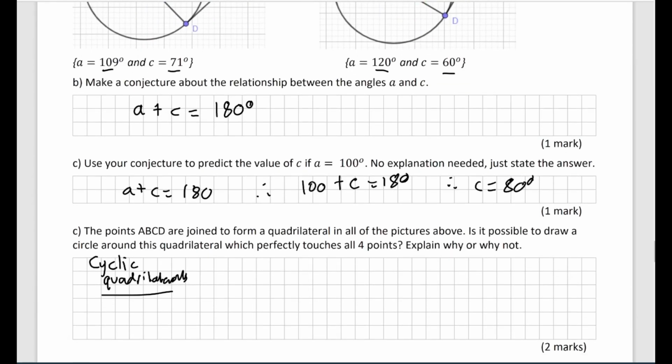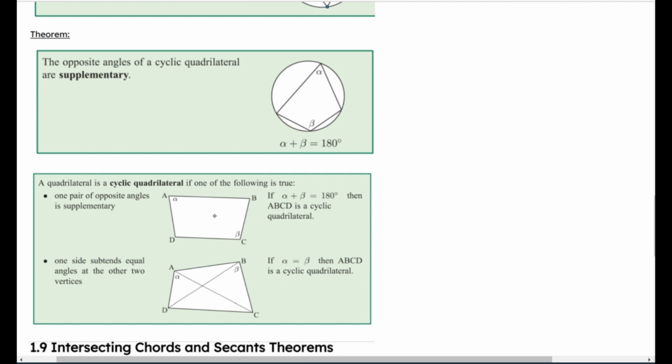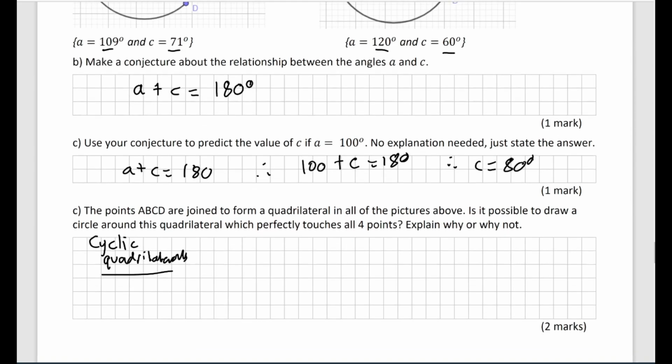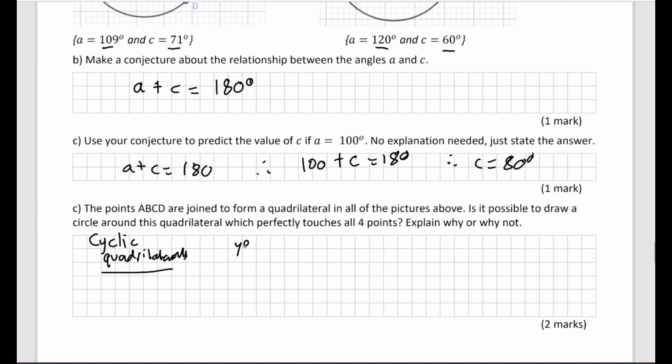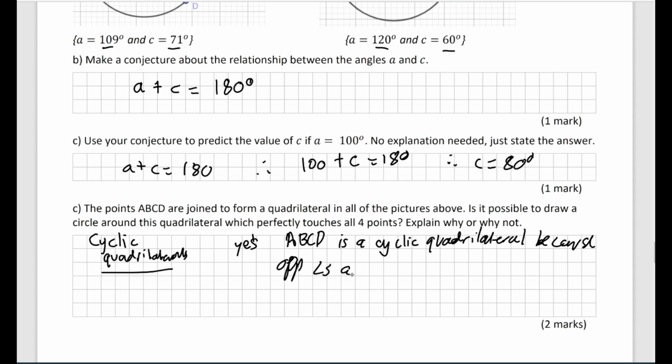Okay, so is it? Well, here's how we test. We test, do the opposite angles add up to 180 degrees? And yes. ABCD is a cyclic quadrilateral because opposite angles add up to 180 degrees.